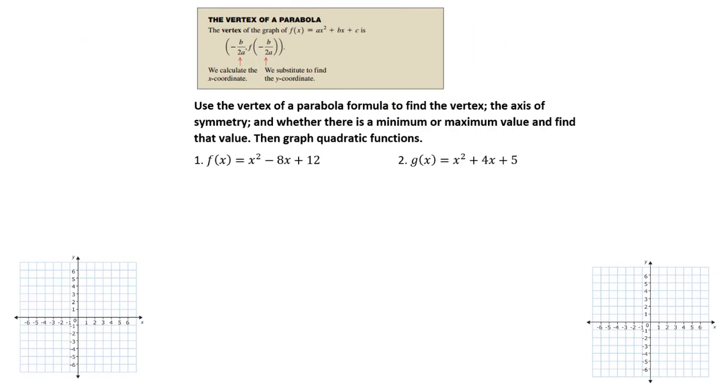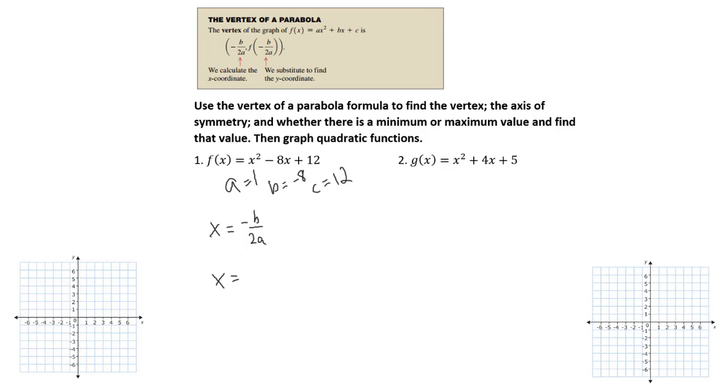All right, so we have the vertex formula here. When your quadratic is in ax squared plus bx plus c form, we can identify a as 1, b as -8, and c as 12. And then to find our x value, we do -b divided by 2a. So that's the opposite of b.